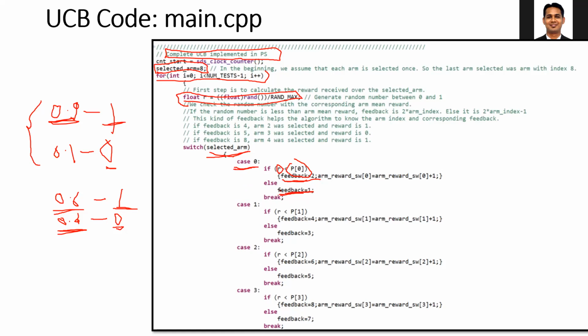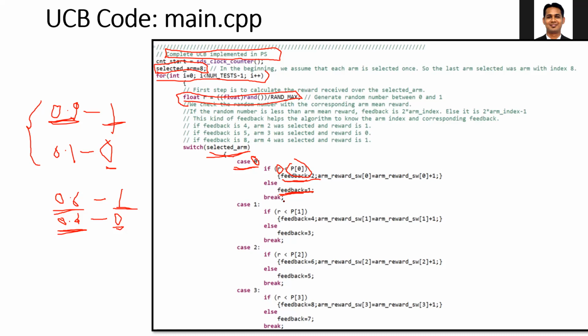At the algorithm, if the feedback is 1, that indicates you have selected arm 0, and based upon this feedback you need to update your x and t parameters in your algorithm.